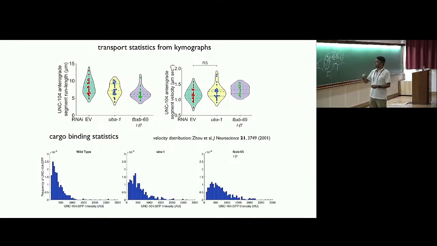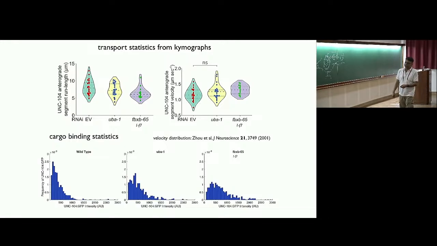So next, we are seeing the transporting of each individual molecular motor when it is in the attached state. The second question is cargo binding statistics. What happens if one changes this under mutation? This is the wild type. What you are asking is what is the number of molecular motors attached to a cargo, and the distribution of that.